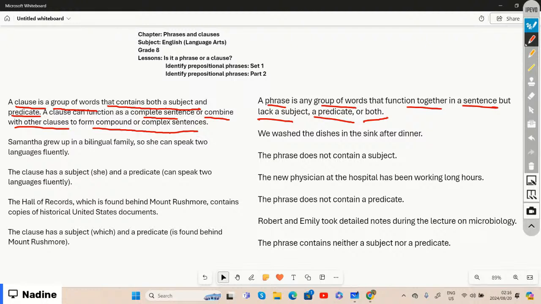It says we wash the dishes in the sink after dinner. That's the example.